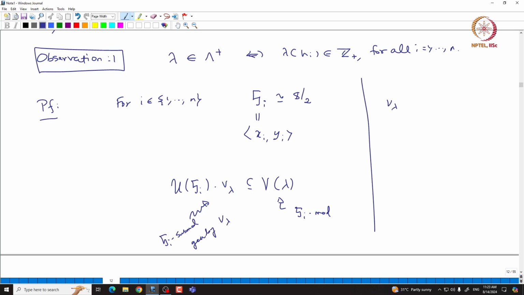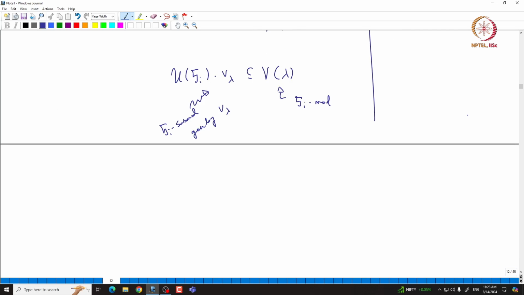Note that V lambda we can also call the highest weight vector, because it has weight lambda and x kills V lambda, because x V lambda is 0 for all x in n plus, and h V lambda is lambda of h times V lambda.